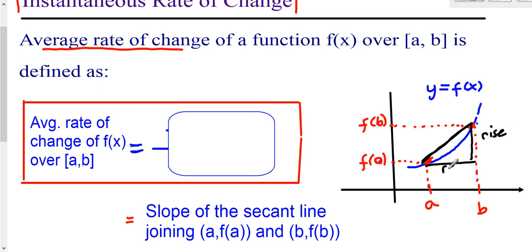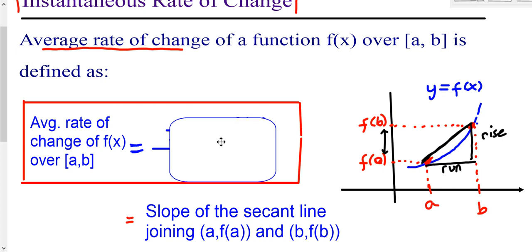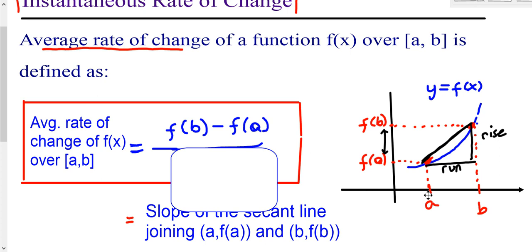To find the average rate of change between those two points, to find the rise, that's the difference between these two points, top minus bottom, f of b minus f of a. And what about run? From where to where do we go in the x direction? From a to b. That distance will be right minus left point so that we end up with a positive distance, so b minus a.